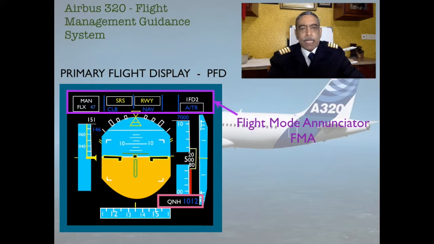But what I want you all to understand at this stage is, irrespective of any other selection which has been made on the FCU or FMGC, the aircraft is controlled by the present display that is being displayed in the flight mode annunciator.